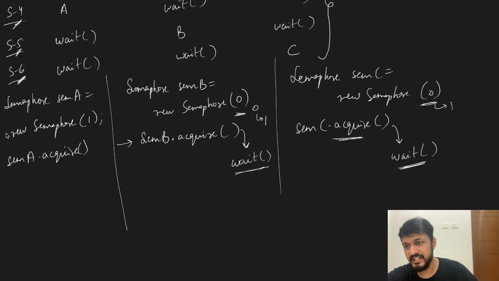For thread A, we have a semaphore which has 1 permit and we are trying to acquire a permit from semaphore A. Now semaphore A has 1 permit, so this statement is completely valid. After acquiring this permit, the permit count of semaphore A will change from 1 to 0 and our thread A will be allowed to go ahead and execute further statements, right?